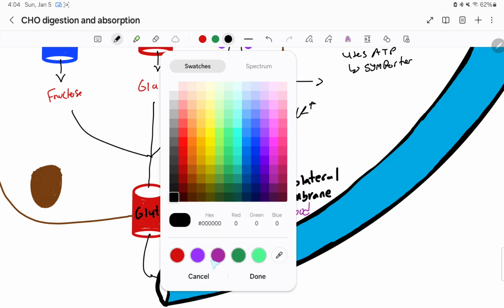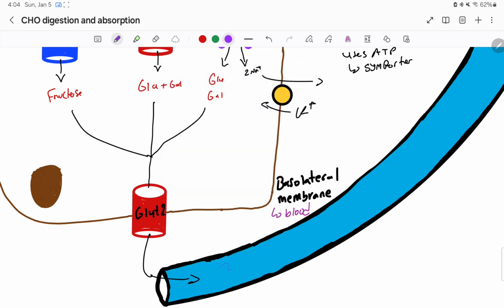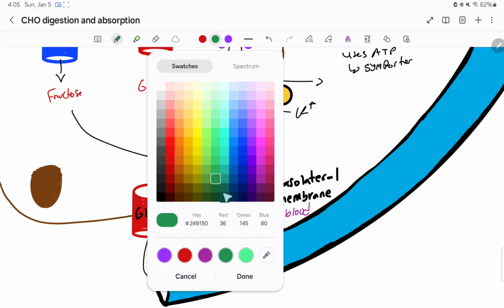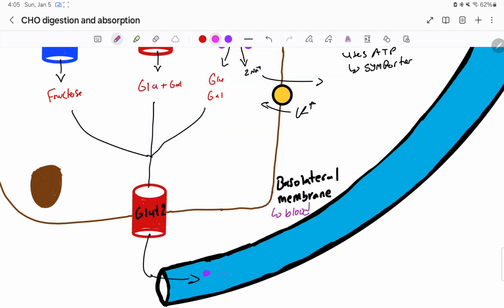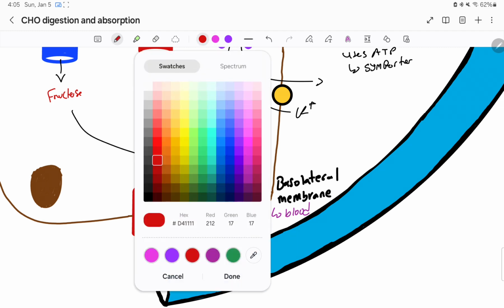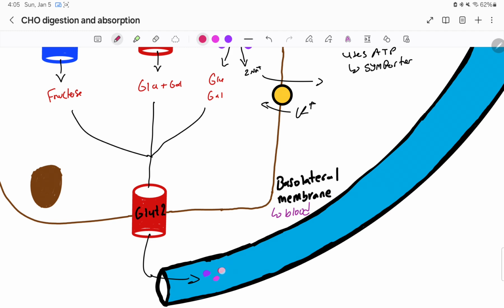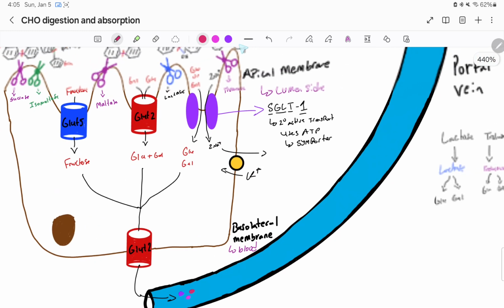Okay, so now if I was to draw it in the blood, in that portal vein, now I have 3 molecules. Okay, I have a glucose, I have a galactose, and I have a fructose molecule.